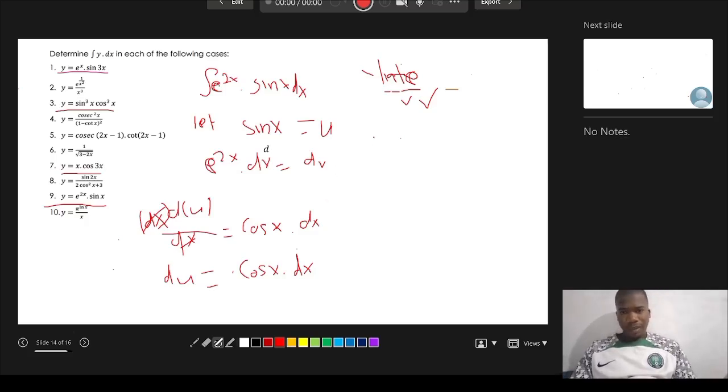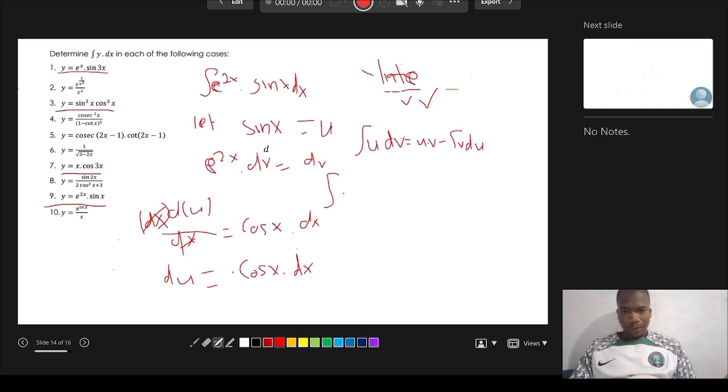So on the left hand side they cancel each other and it is multiplied on the right hand side, right? So now we have our original equation for integration by parts, which is the integral of u dv is equal to u multiplied by v minus the integral of v du, right?